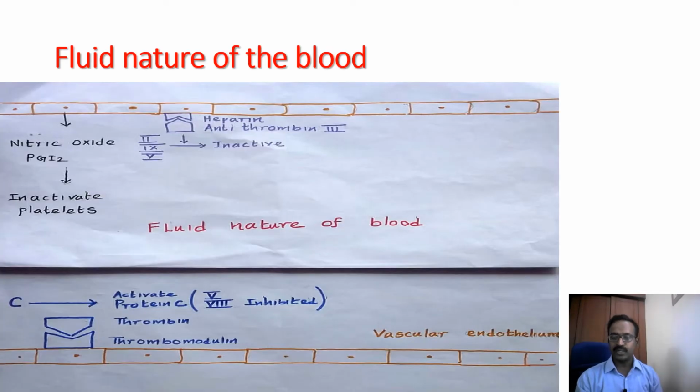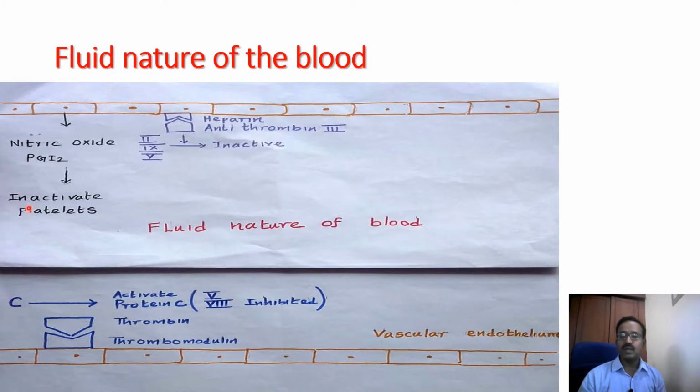Before going to the hemostatic mechanism, we must know how the fluid state of the blood is maintained. This is the vascular endothelium. The vascular endothelium releases nitric oxide and prostaglandin I2. This nitric oxide and prostaglandin I2 inactivate the platelets.